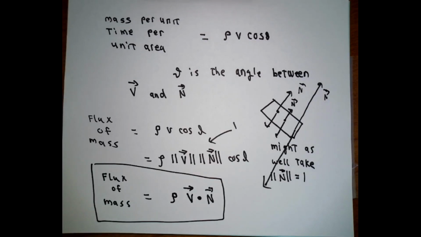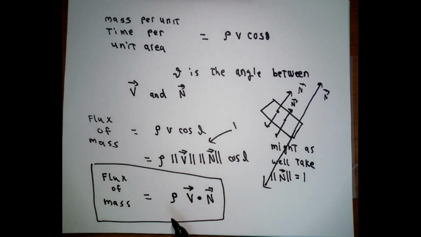If I do that, then my flux of mass, which is mass density times speed times cosine theta, remembering theta is the angle between the v vector and the n vector, I can rewrite this as mass density times the speed, which is the magnitude of the v vector, times the magnitude of the n vector, which we've rigged up to be 1, times the cosine of the angle between v and n.